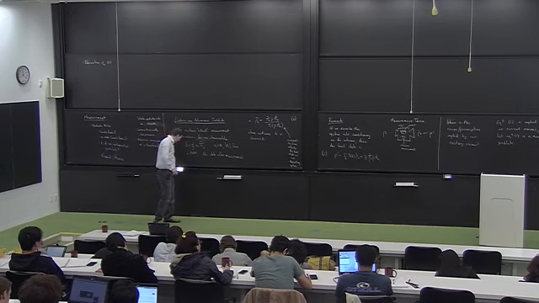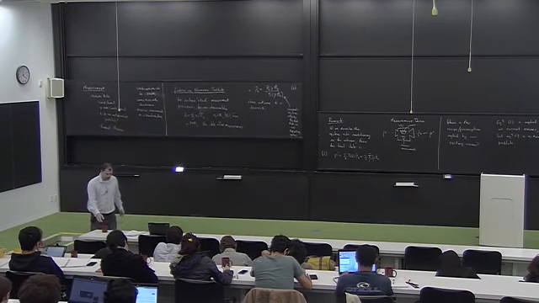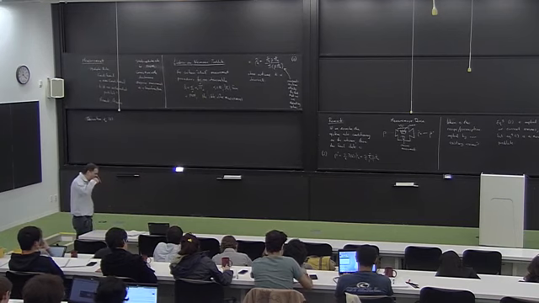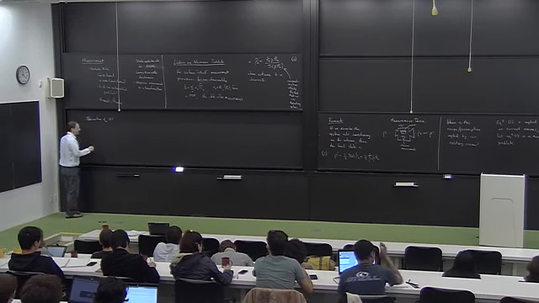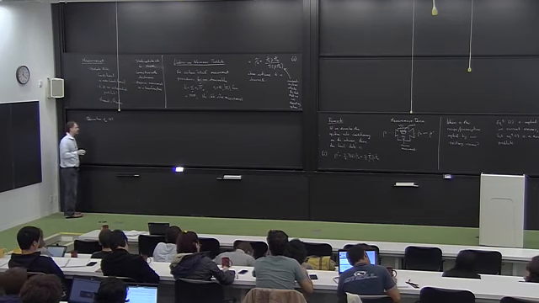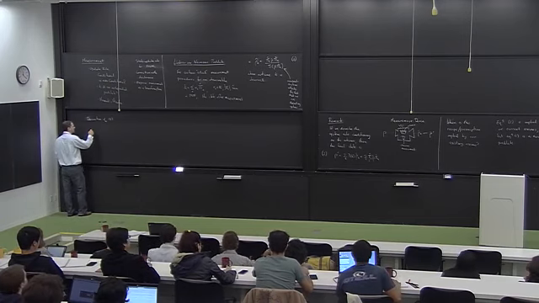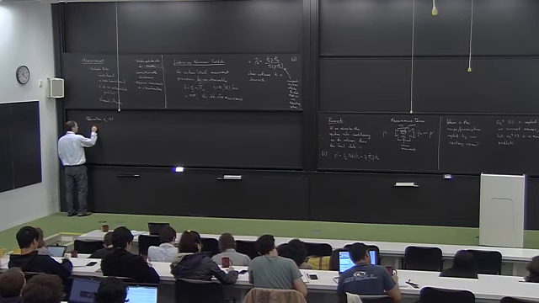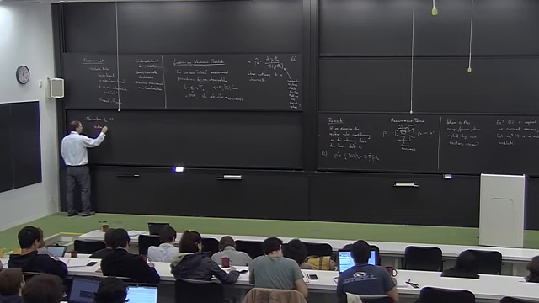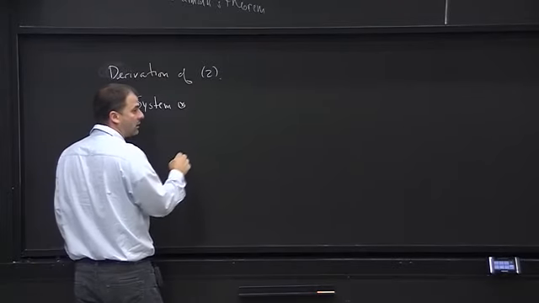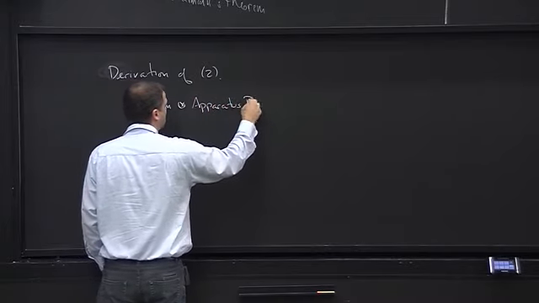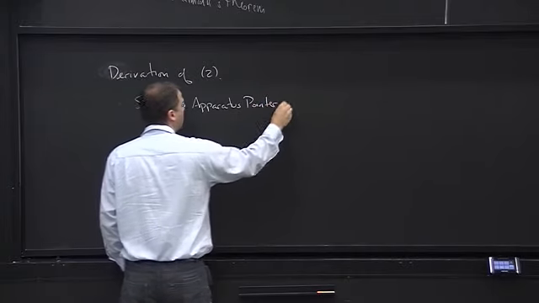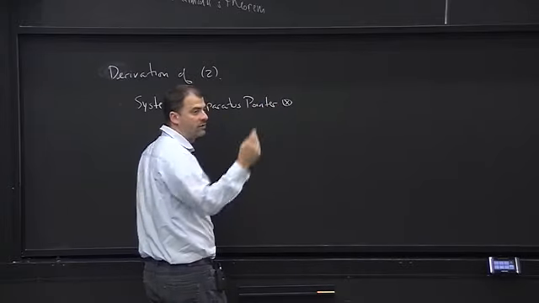All right. So the derivation of 2 was like this. I'm not going to worry about degeneracy for now. So first, I'm going to imagine that we have our system crossed with our apparatus pointer, and we're also going to have everything else in the universe.